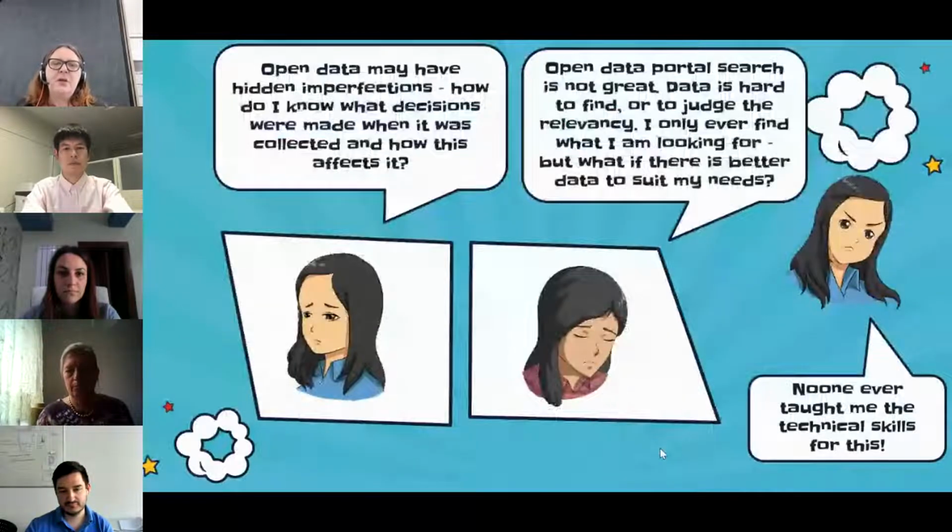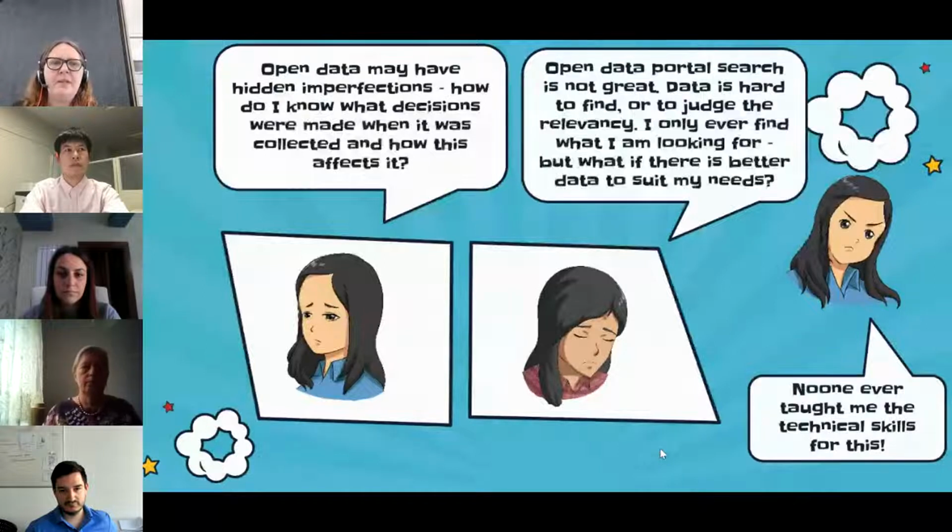So these are just a few of the barriers that I mentioned. One barrier is that open data often is collected in quite a distant past, according to potentially biased instructions or procedures or things that may introduce these kind of hidden imperfections into the data. And if you're close to the data collection, you understand the limitations.